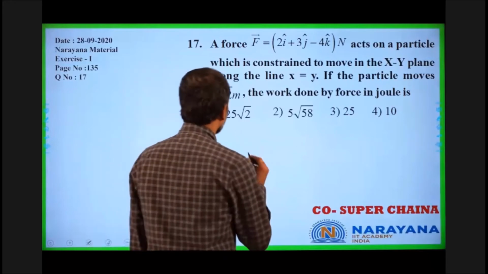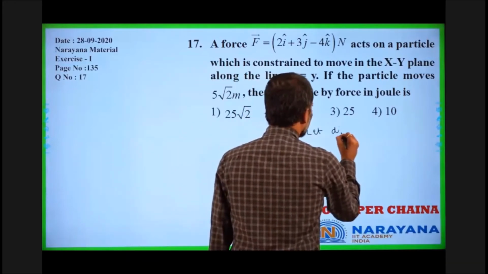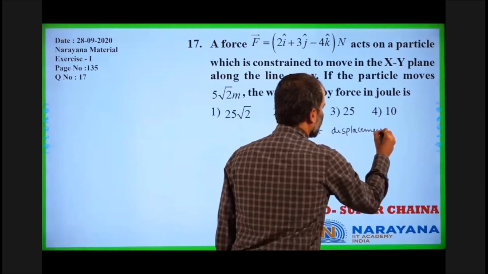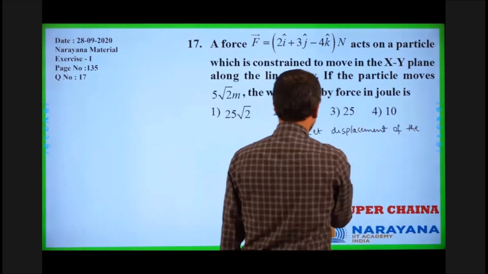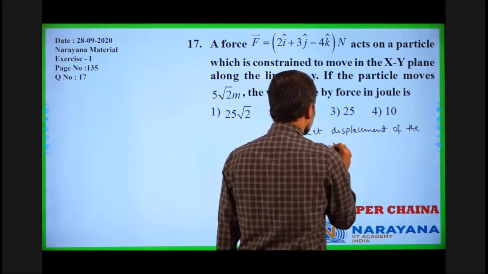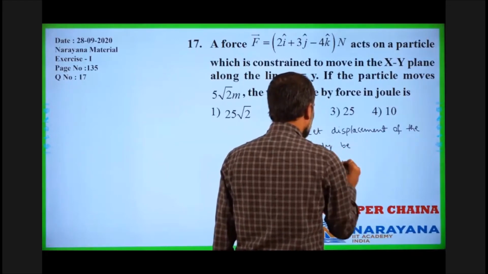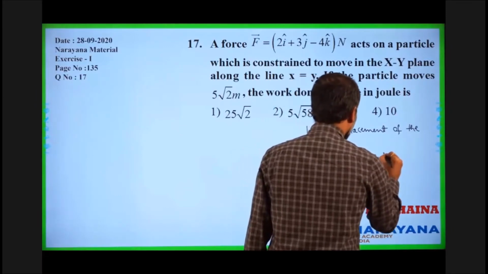So now here let the displacement of the body be S bar equals x i cap plus y j cap.